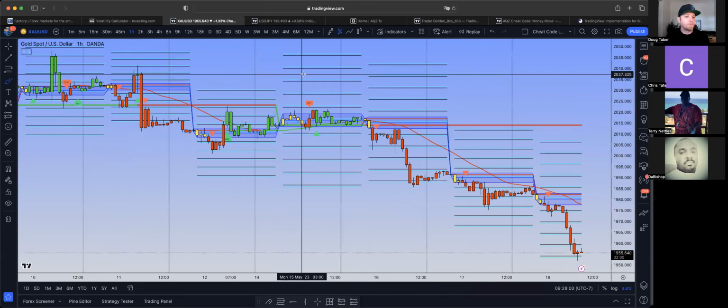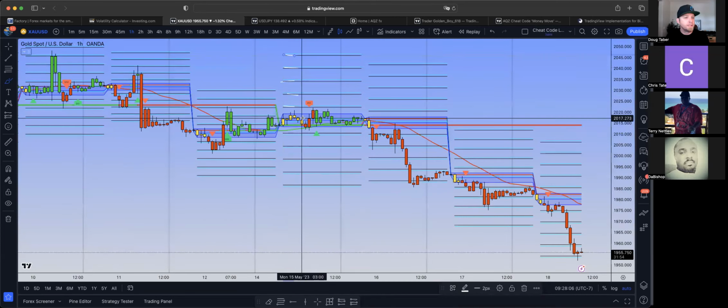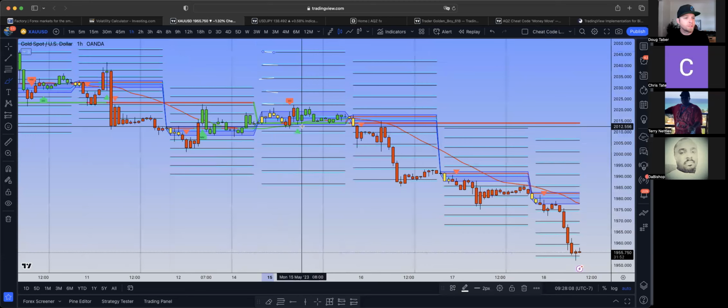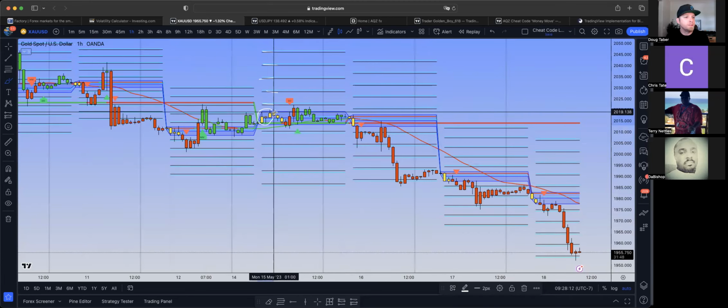Next element I want to highlight is our take profit levels. These are levels produced based on the size of our AQZ block.